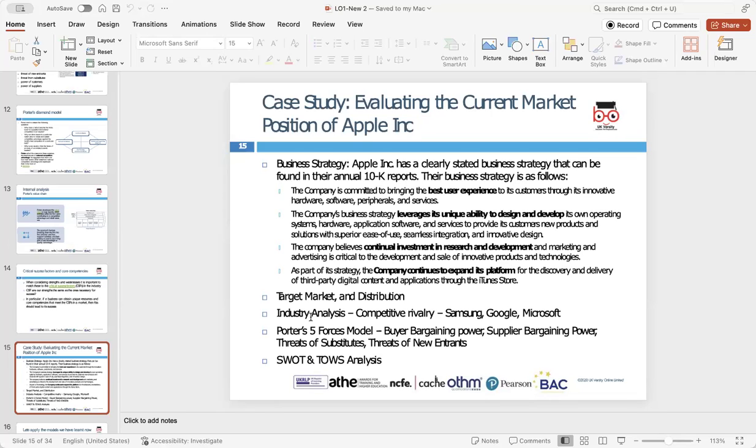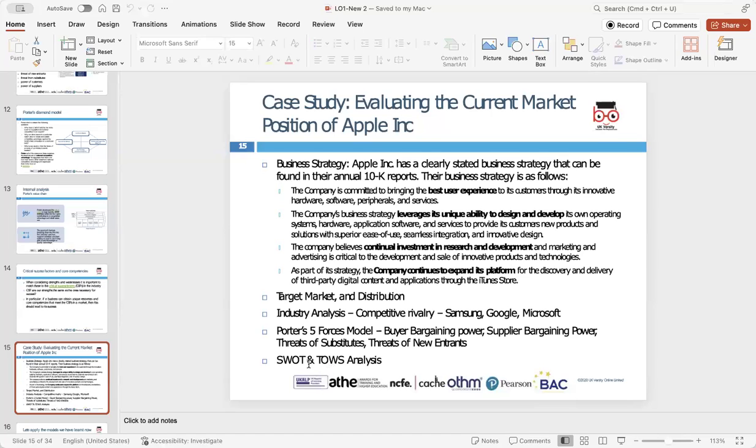Okay. So, industry analysis, competitive rivalry includes major players like Samsung, Google, Microsoft. Porter's five forces model is used to analyze buyer bargaining power, supplier bargaining power, threats of substitutes, and new entrants.